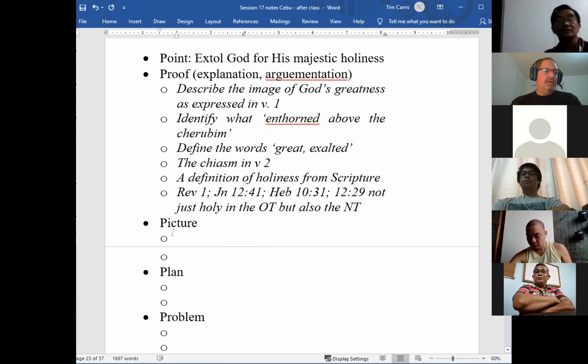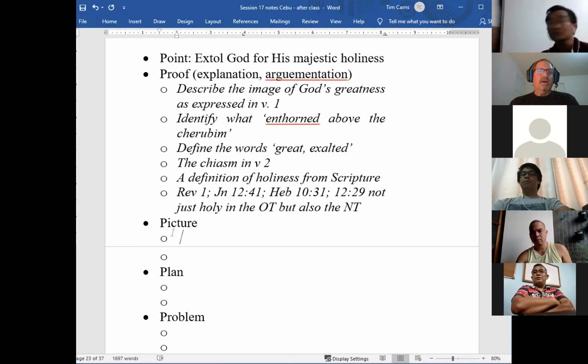And then as you think about illustration, you might think about, okay, what might be some ways to illustrate the greatness and power of God? Maybe the power of the sun.